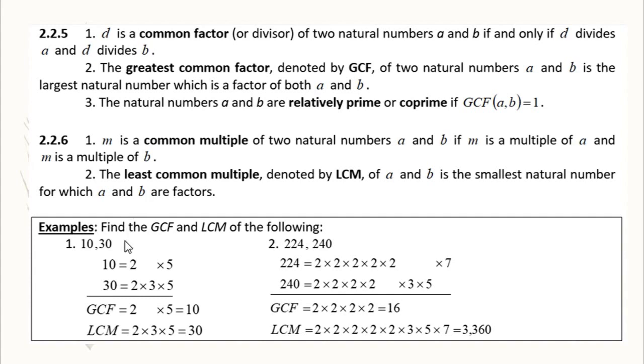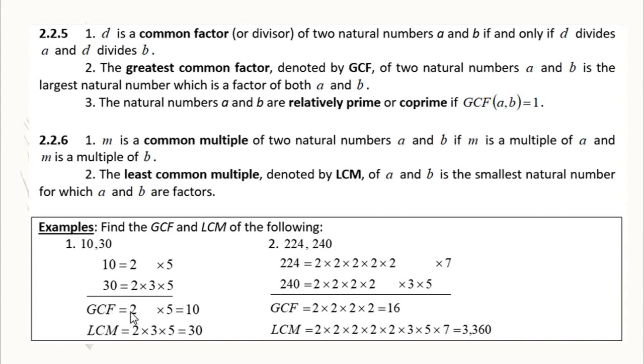So, example, let us find the GCF and LCM of the following. We have 10 and 30. So, in finding the GCF, 10 is equal to 2 times 5, diba? 30 is equal to 2 times 3 times 5. Mao na siya ang atong prime factorization sa 30.